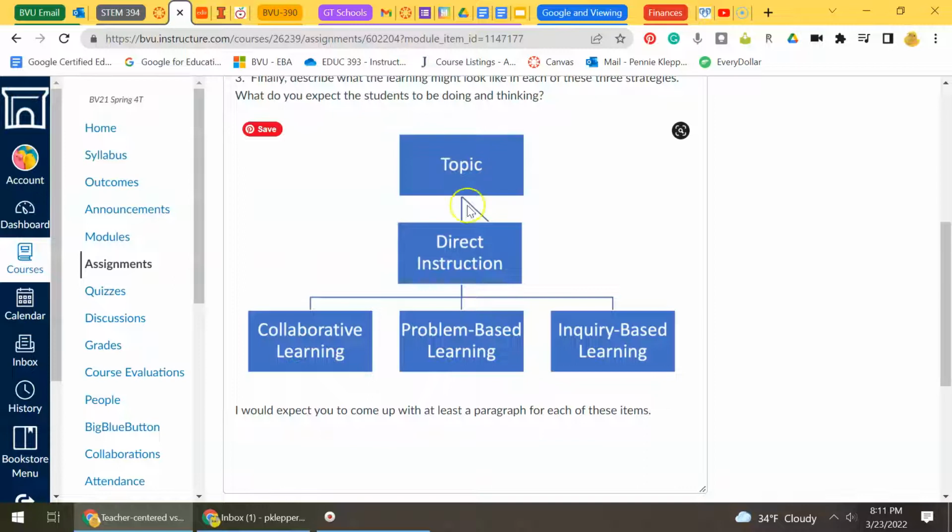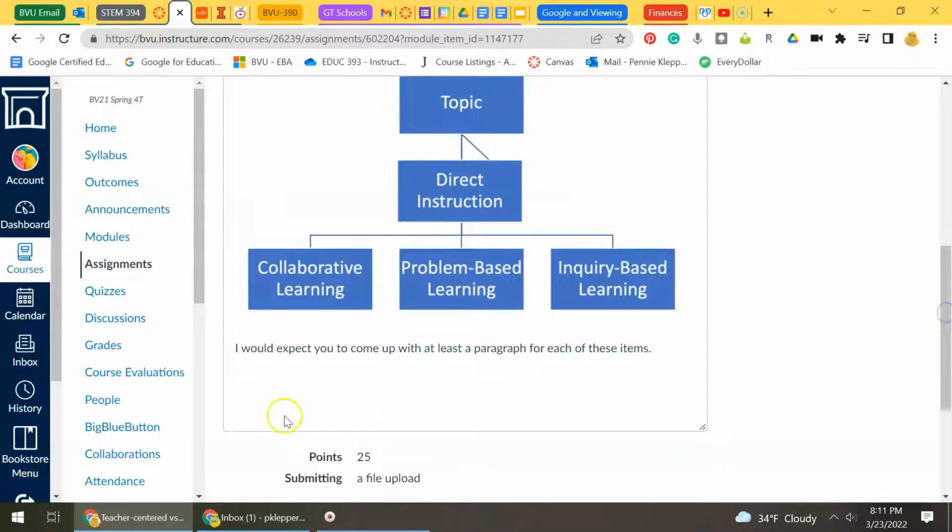Then you're going to discuss with us how you're going to do that direct instruction to students. And then tell us what it would look like if you taught this topic with this type of direct instruction, in cooperative learning, and then again in problem-based learning, and finally in inquiry-based learning.